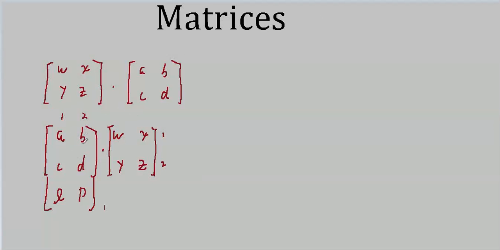Say it backwards. Row, column. It's written like this. Row by column. So this one would be 3 rows, 3 by 2. This one is 2 by 2.